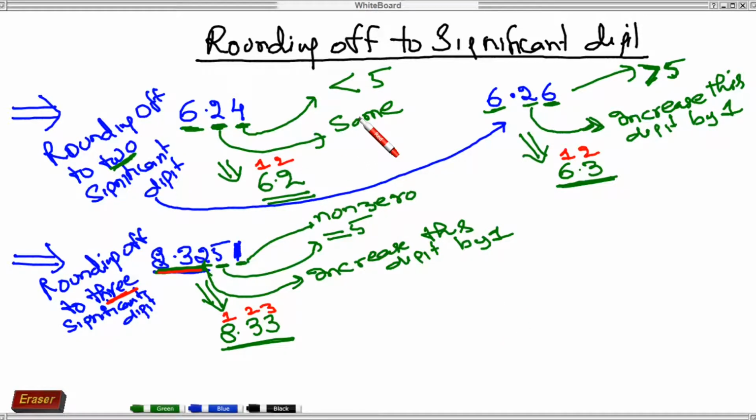So up till now what we saw is that if the next digit is less than 5, then we have a rule. If it is greater than 5, we have a rule. If it is equal to 5, we will look for the next digit. If the next digit is non-zero, like here, the rule was for non-zero. Now suppose this next digit is 0. For that also we have a rule.